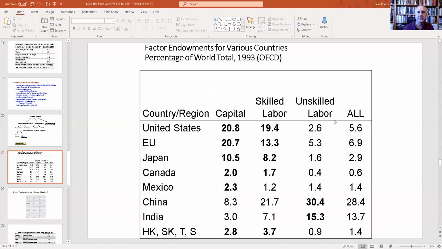Now, this is looking at factor endowments in different countries. This is back in 1993, but you can see China, when they were closed off, really focused not so much even on unskilled labor industries. They often had land-intensive industries. So it was a big shift towards unskilled labor, because that's where they have their comparative advantage according to Heckscher-Ohlin.